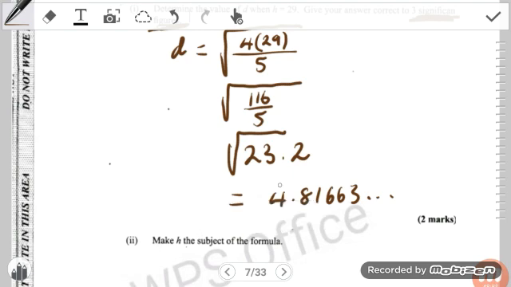So we draw a line here. The number that comes after is a 6, which is greater than 5. So adding 1 to this 1 here gives us our final solution. So our answer finally is going to be 4.82. All right, very basic principles of significant figures and rounding up and rounding down and that kind of stuff.